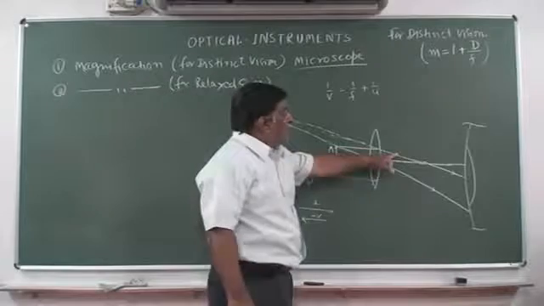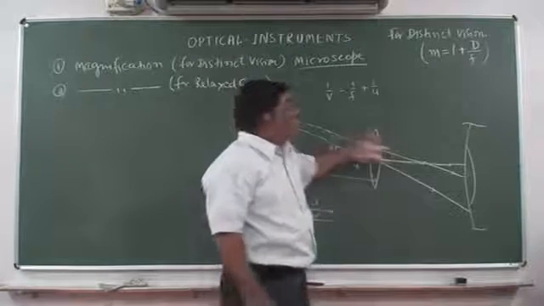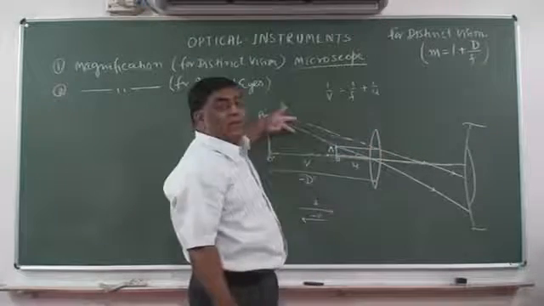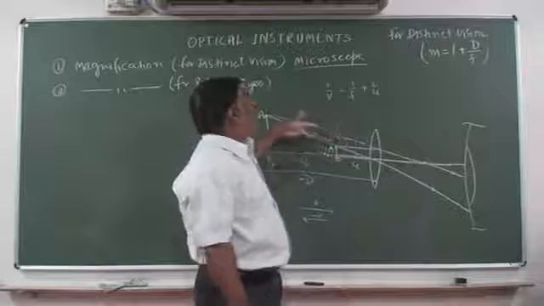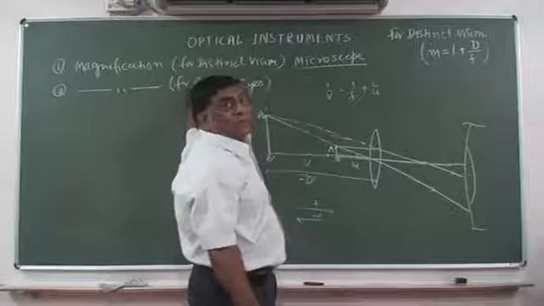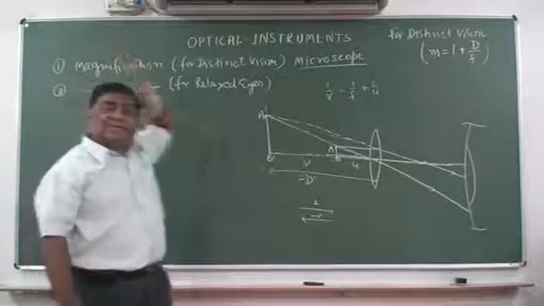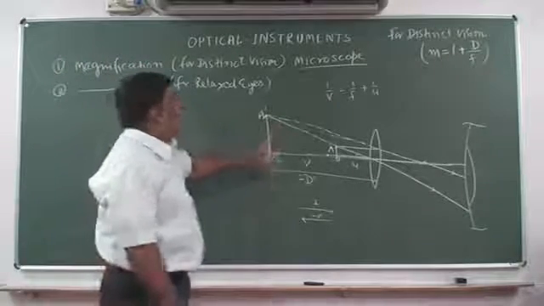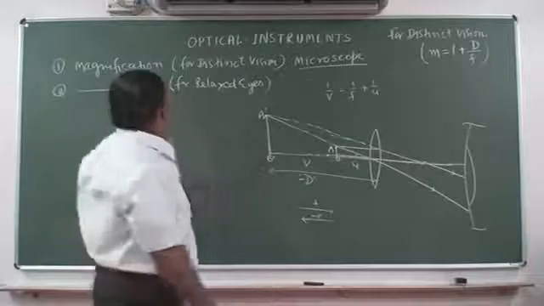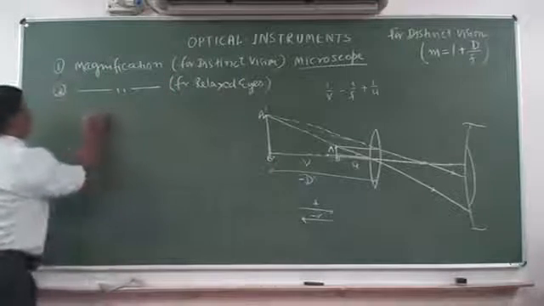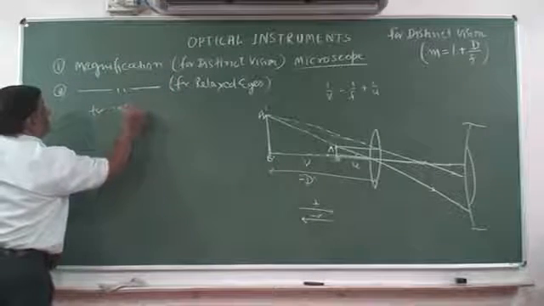These two rays coming will become parallel. If they do become parallel, then what will be the value of V? The answer is they will not meet anywhere up to infinity. So the value of V will be infinity.